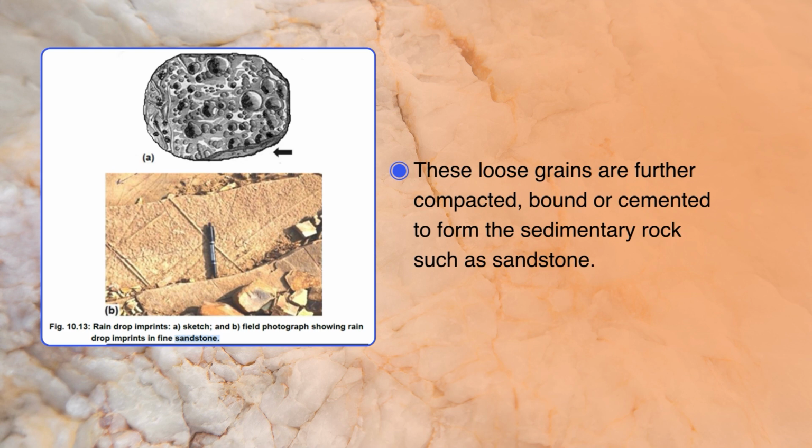These loose grains are further compacted, bound, or cemented to form the sedimentary rock, like sandstone as you see in this photograph. So, we have seen the story of a single quartz grain, which is one particle.